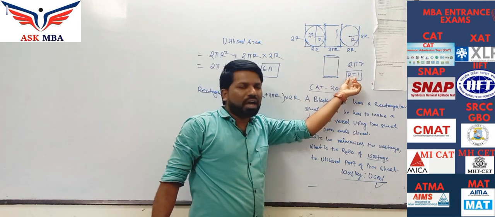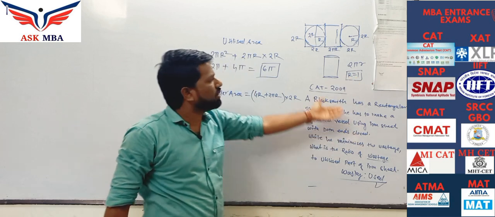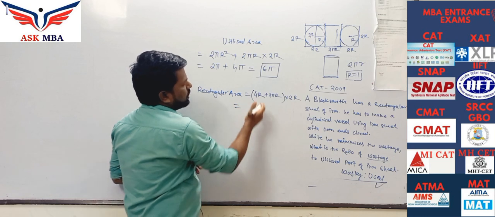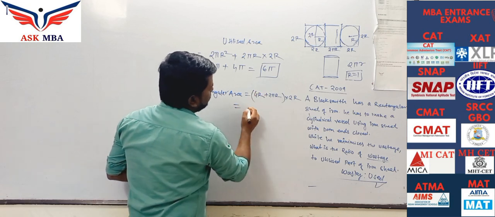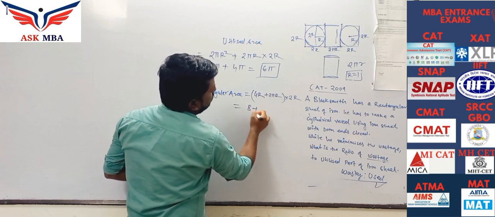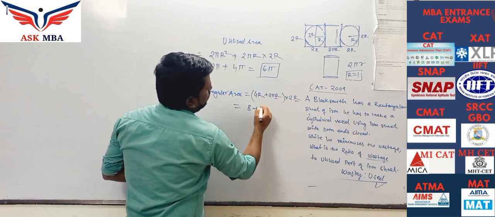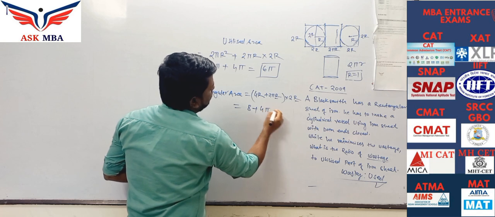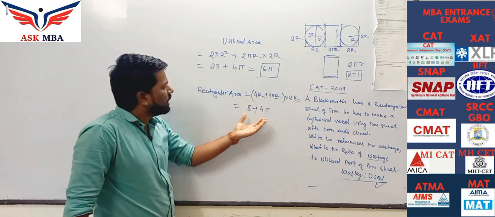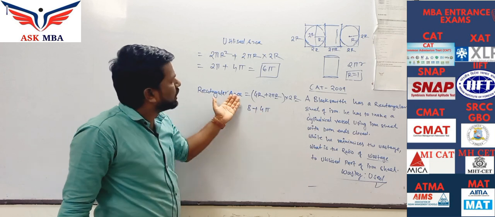Again, r equal to 1 is not given in the question; we have assumed the value of r just to reduce the complications. After putting the value of r and multiplying inside the bracket, I'll get 8 plus 4 pi. This is your rectangular area.